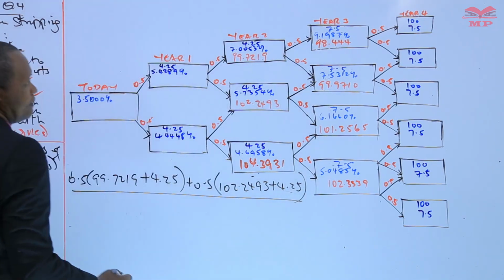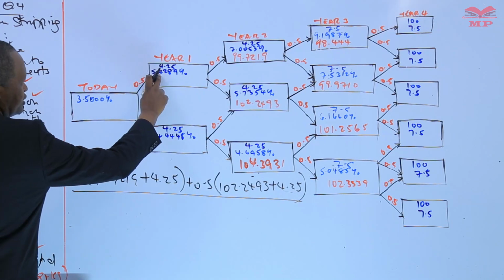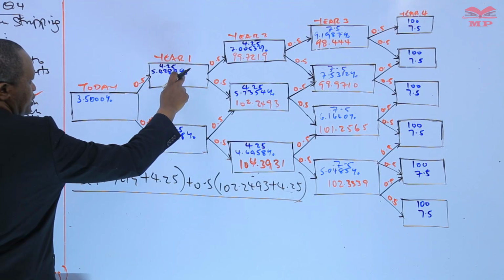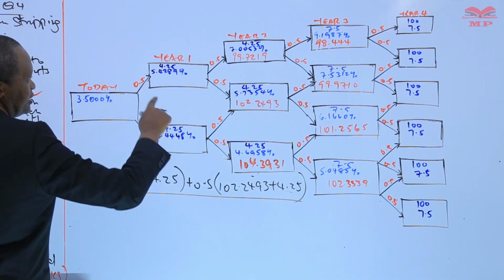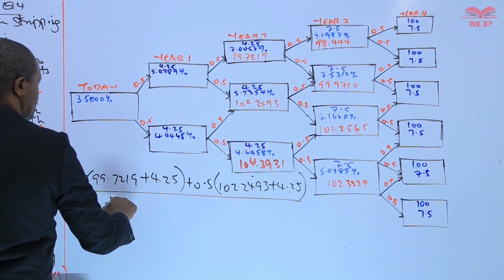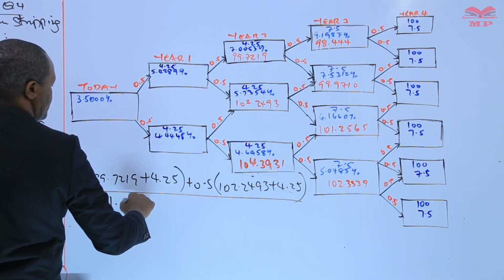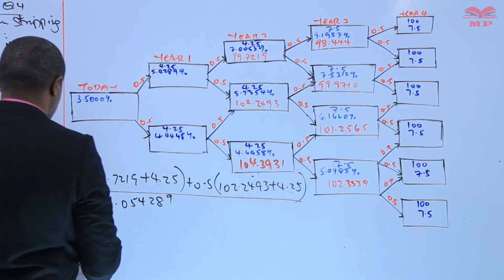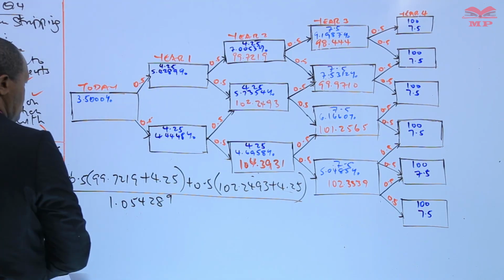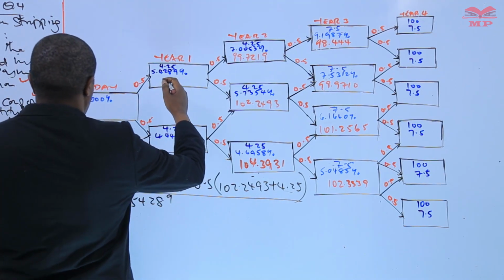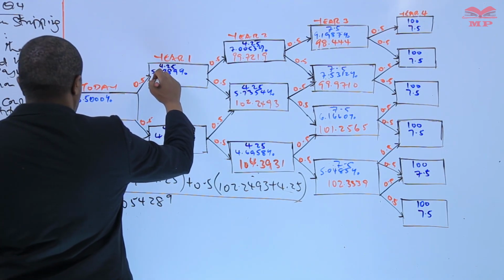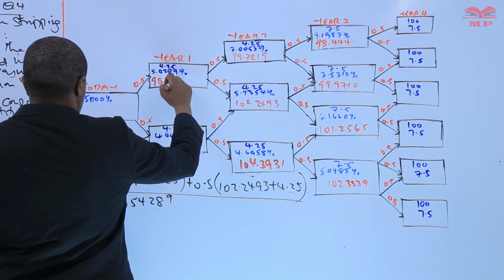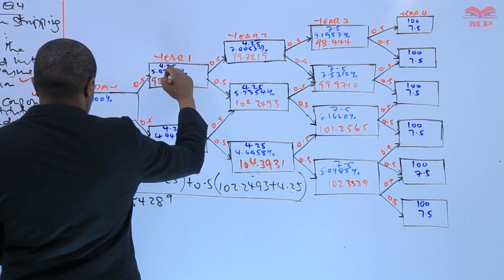Divide all that by this discounting rate, 1 plus R. The R is 5.4289. 1 plus that will be equal to 1.054289, which is equal to, at this point, 98.8166.